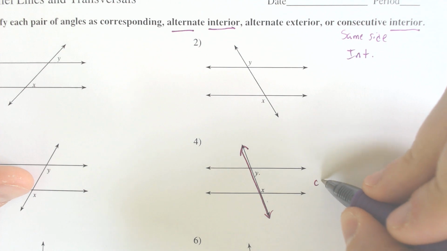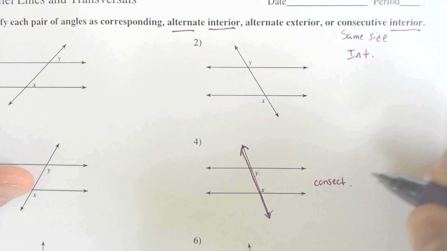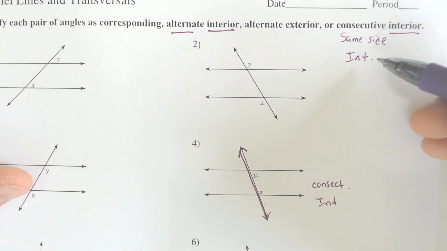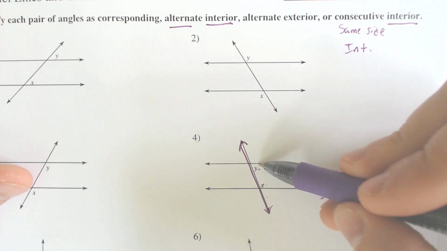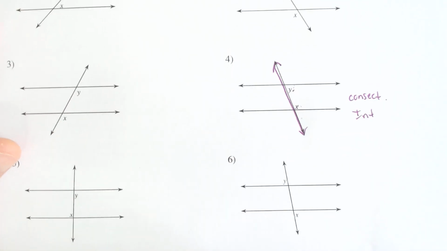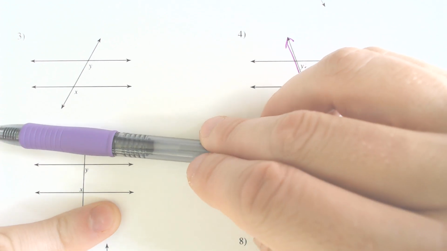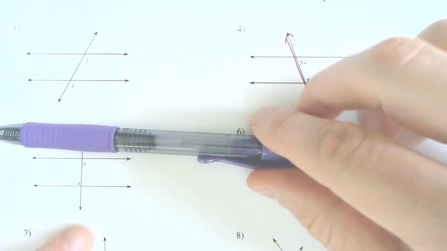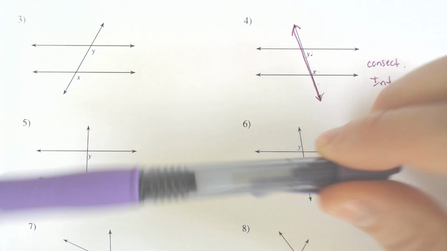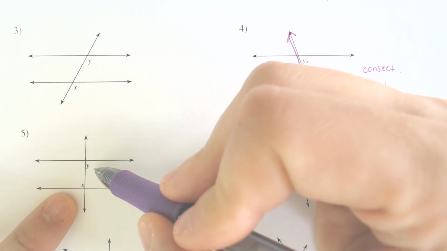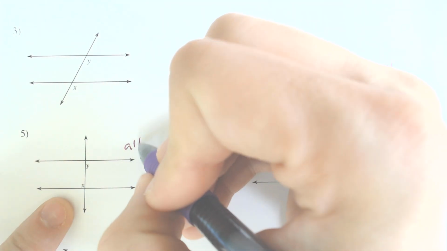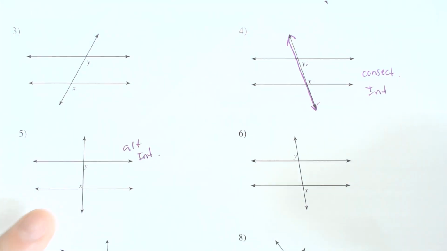That would mean that these are consecutive interior angles or same side interior because they're on the same side of that transversal. Whereas on this one, they're on the inside of this sandwich. See how here we got the parallel line sandwich, the top and bottom, these two. But see how they're on the opposite side. So this would be alternate interior angles.